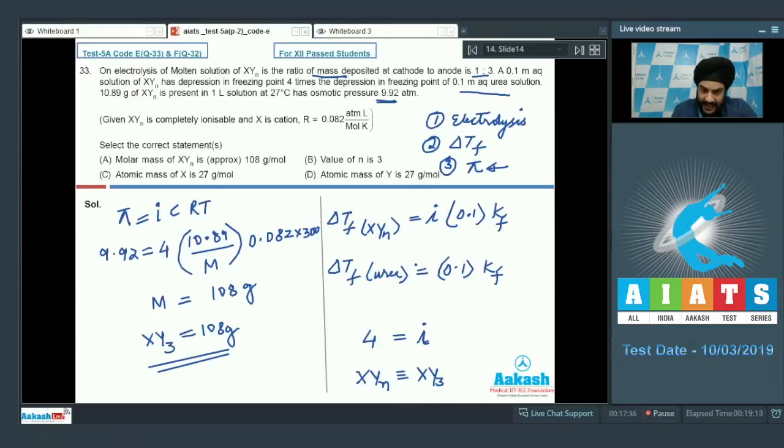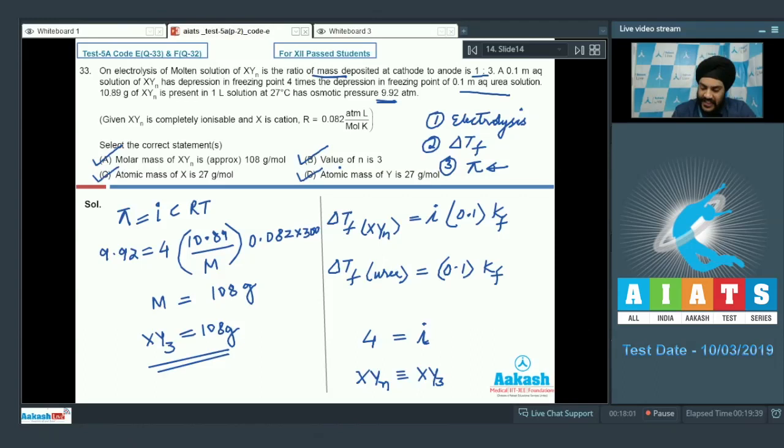Option A says that the molar mass of XYN is approximately 108. This is correct, students. If you look at option B, the value of N is equal to 3. This is also correct, students. If you talk about option C and option D, the atomic mass of X is 27 and the atomic mass of Y is also 27. All of these options given to us are correct, students, and we have to select options A, B, C and D as the correct option to question number 33.